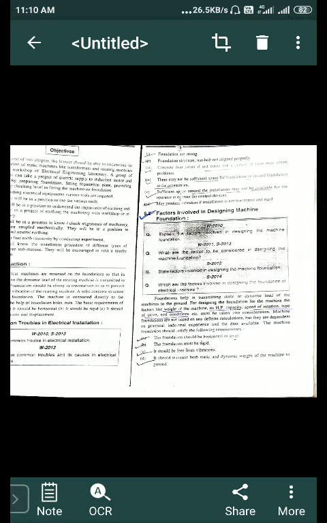foundations. Then, machine foundations are not based on any definite calculations, but they depend on practical industrial experience and the data available. So we cannot say that I am doing a foundation on the basis of definite calculations. That is totally false, because of the exact situation of that particular space, mostly considering the soil resistivity.